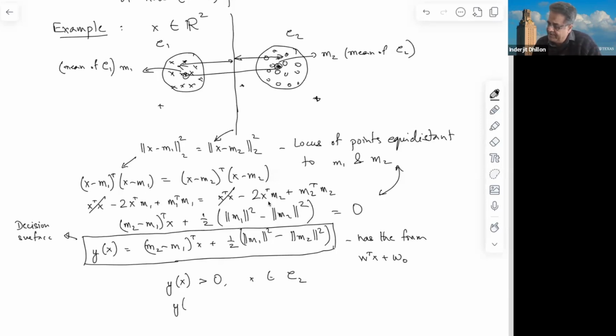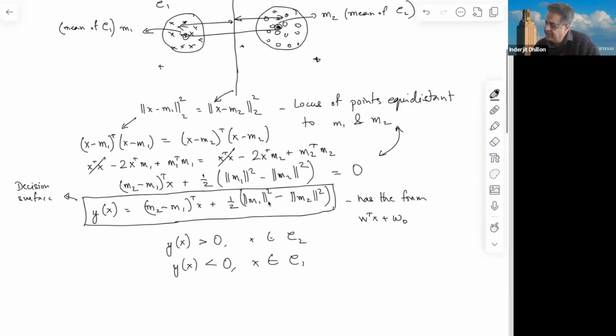And if y of x is less than 0, then X belongs to class C1. Okay, and the hyperplane has this formula, where W is M2 minus M1, and W naught is half (M1 square minus M2 square).